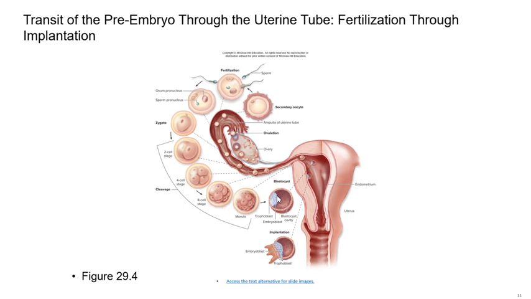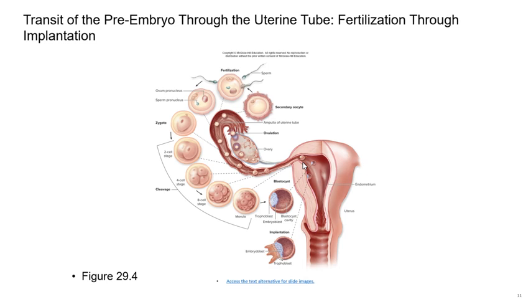We form that blastocele, right? And we'll talk about what happens in this blastocele in a little bit, what happens with this embryoblast or inner cell mass. And then ultimately, this is going to implant into our uterus. Okay.